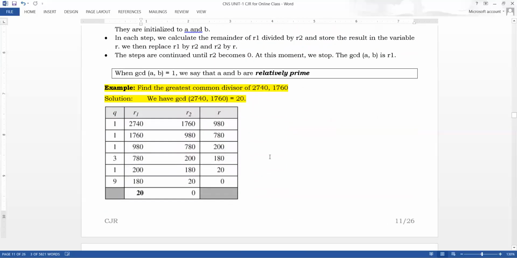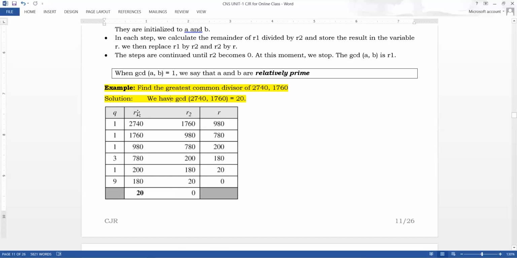Now let us see an example here. Find the greatest common divisor of 2740 and 1760. So here, prepare this table. Q, R1, R2 and R are the headers of this table.